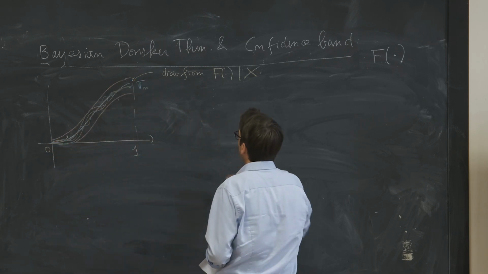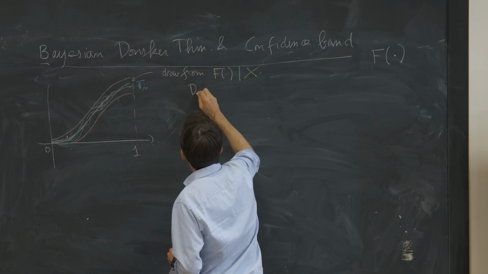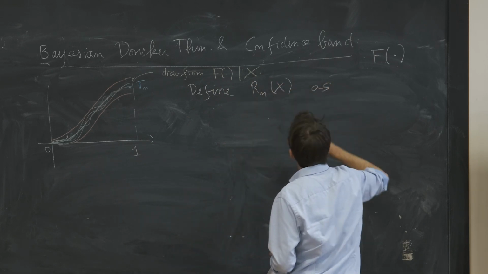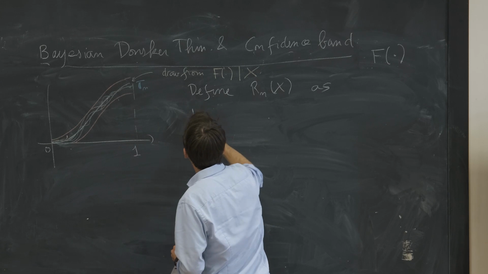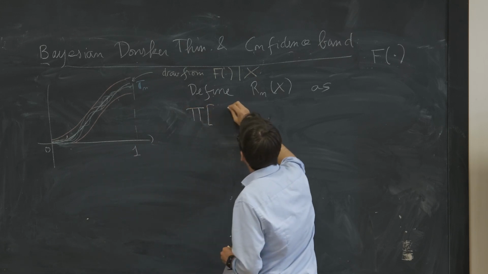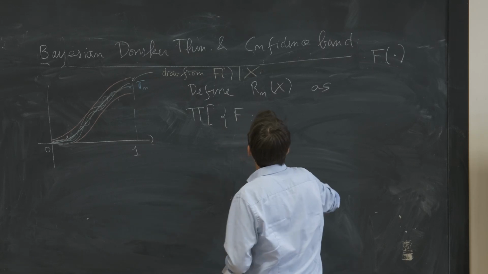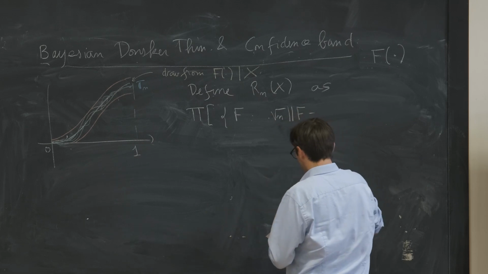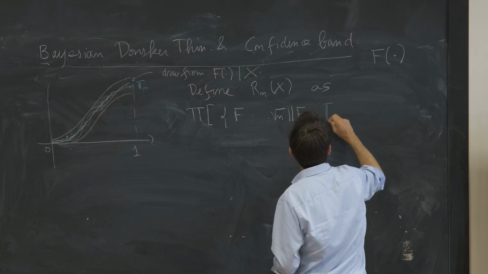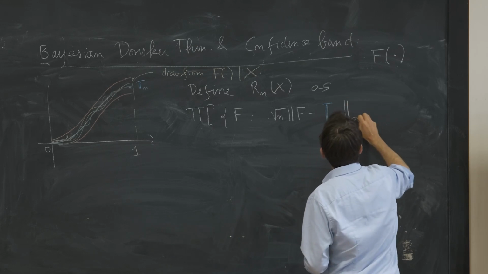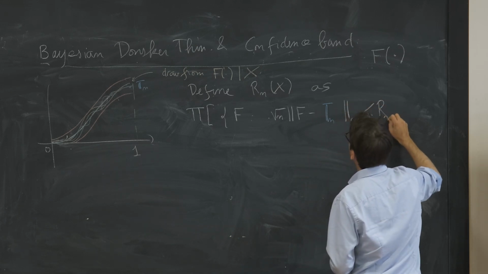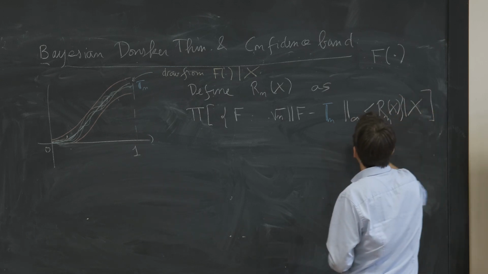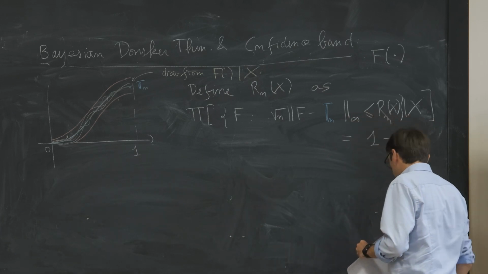One simple thing that you can do is define Rn of x as a quantile for the sup norm. So Pi of the set of distribution functions such that square root n times F minus my centering Tn in the sup norm is smaller than Rn of x, given the data, is equal to 1 minus alpha.